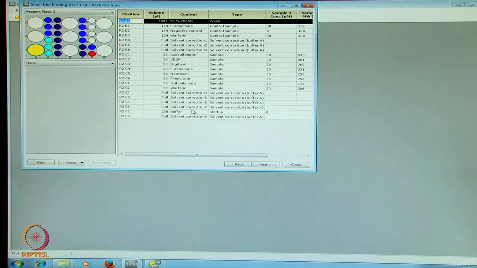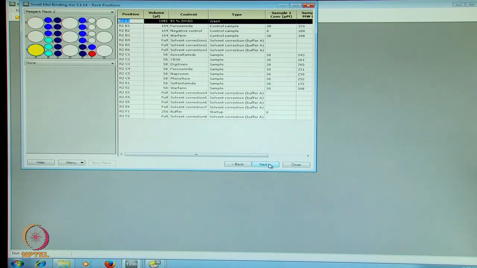With solvent corrections provided, buffer for the startup provided, various samples pipetted out in DMSO, and warfarin and furosemide as positive and negative controls, and 50% DMSO for wash in between each cycle.